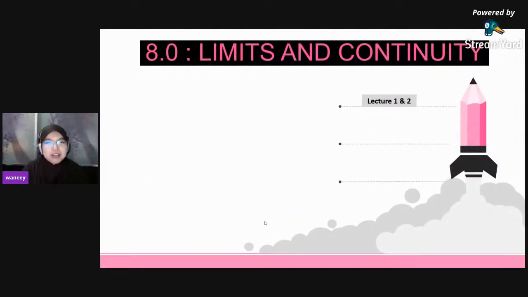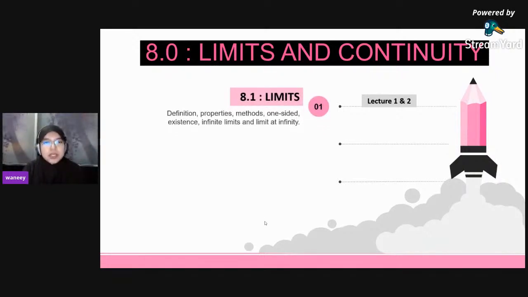Right, so limit and continuity. So basically we have 4 hours. So I'm going to spend around 4 hours for limit and continuity. So basically for lecture 1 and lecture 2, which mean today and next week on Sunday, we are going to spend the time to do 8.1 limit.